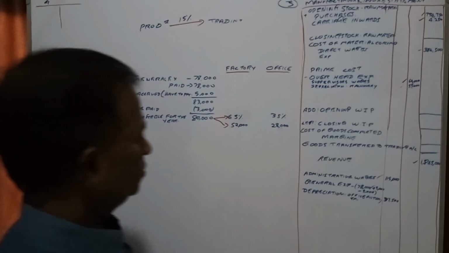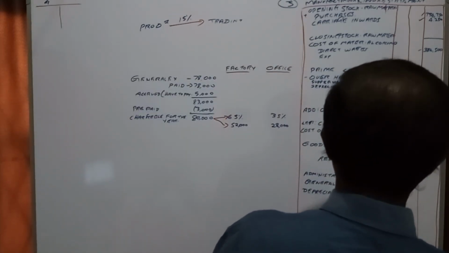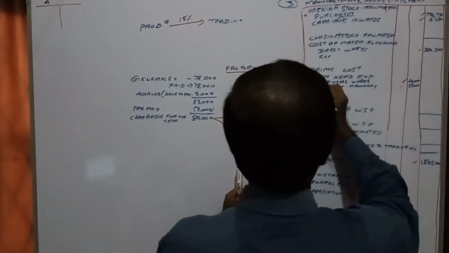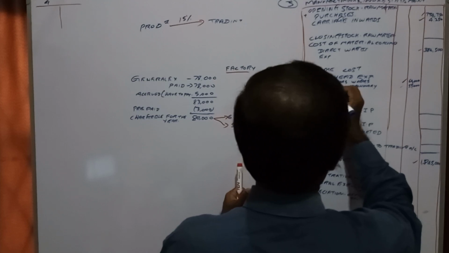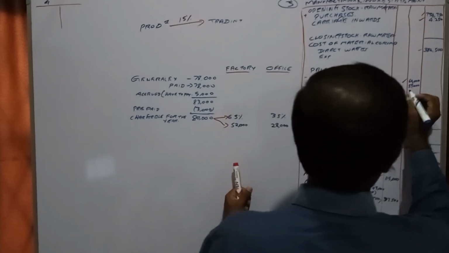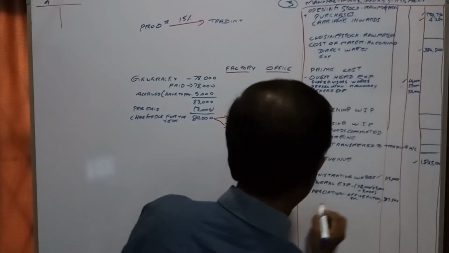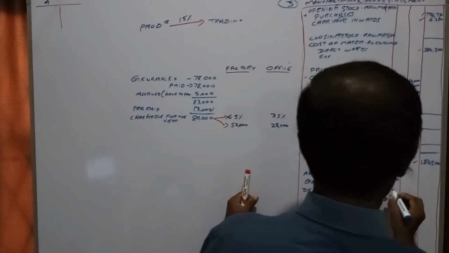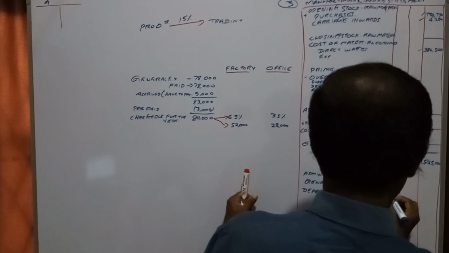So we put here factory general expenses 52,000, and here general expenses is 28,000.